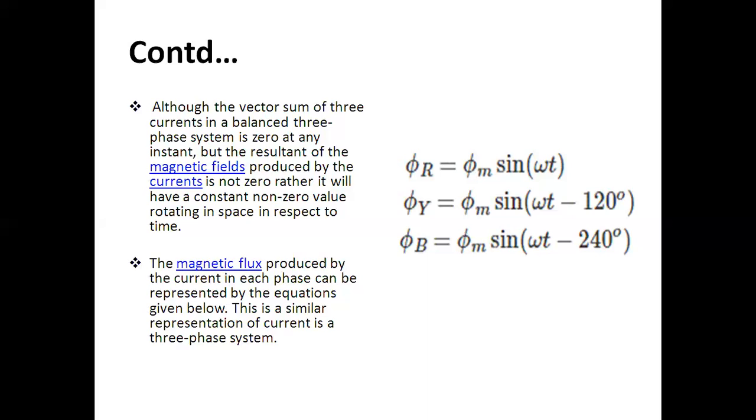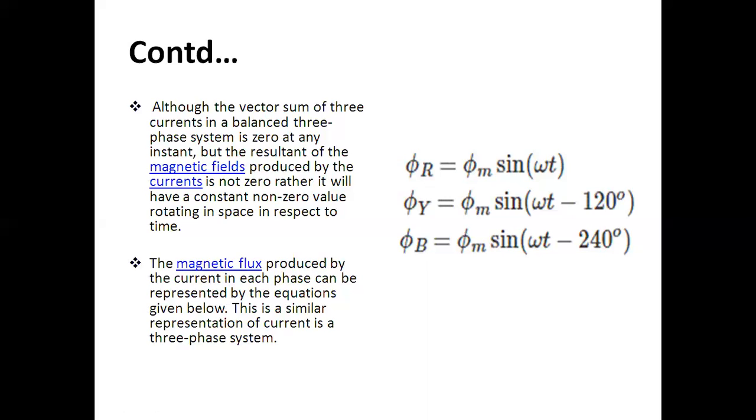The magnetic flux produced by the current in each phase can be represented by equations, similar to the representation of current in a three-phase system.